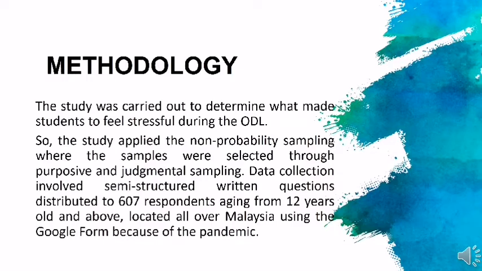Data collection involved semi-structured written questions distributed to 607 respondents aged from 12 years old and above, located all over Malaysia using Google Form because of the pandemic. Obviously, the respondents were students from the primary schools, secondary schools, colleges, and also universities all over Malaysia.